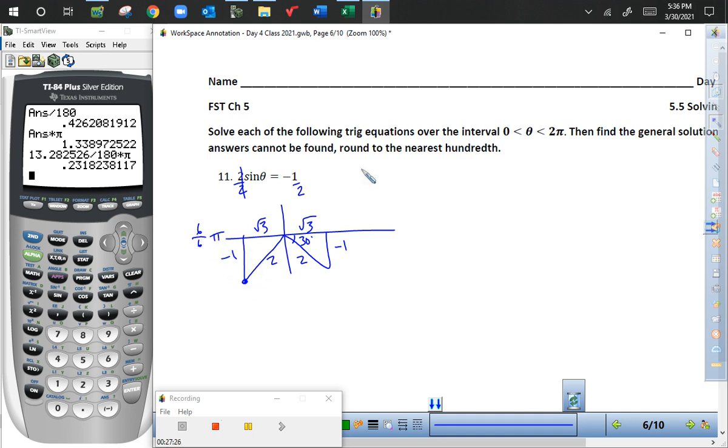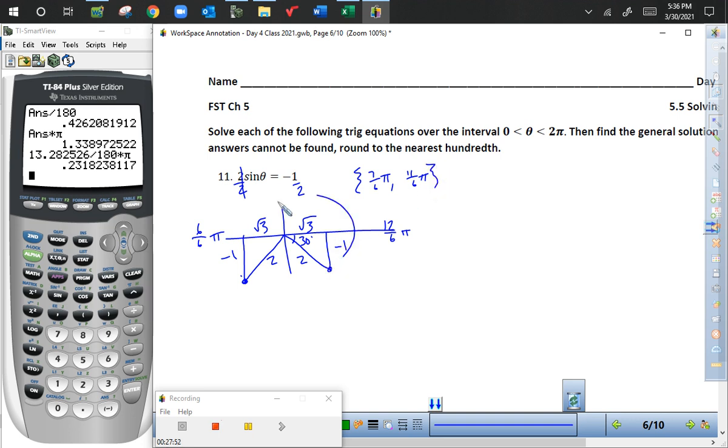So that would make this 1/6 more than that, or 7/6 pi. Similarly over here, instead of calling this 2 pi, I want to say something over 6, and 12 over 6 is 2. But I need to back it up because it's not quite there, so this would be 11/6 pi. Those are my two answers.